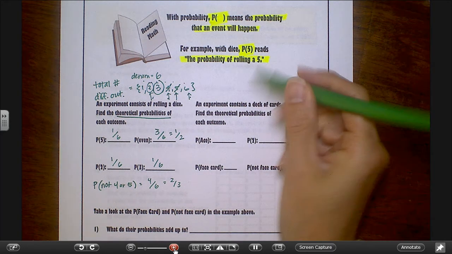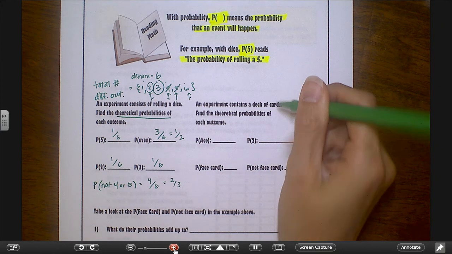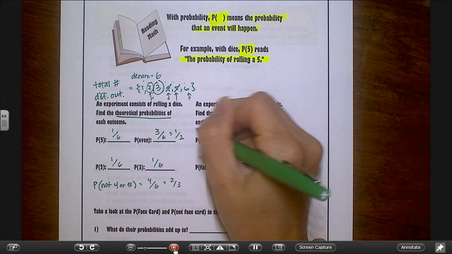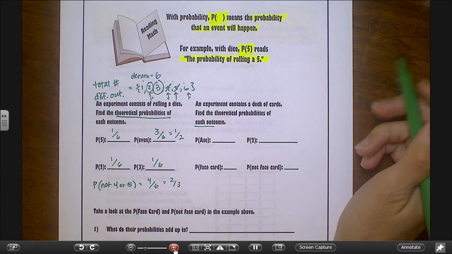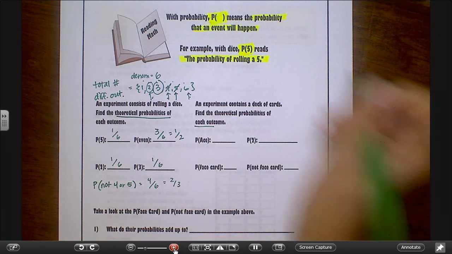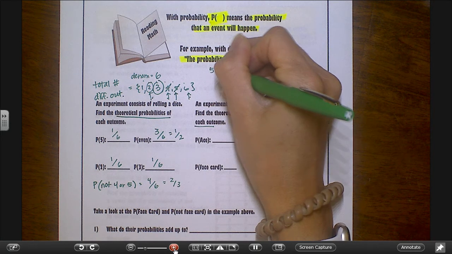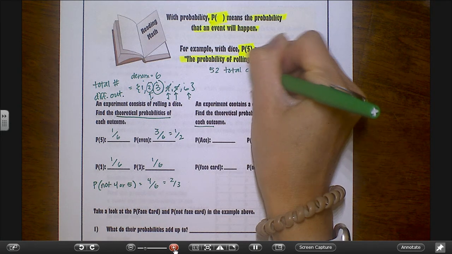All right. Experiment contains a deck of cards. Find the theoretical probabilities of each outcome. Well, in order to do this, you have to know about cards, right? And we kind of talked a little bit about it at the end of the lecture yesterday. So first of all, there are 52 total cards.